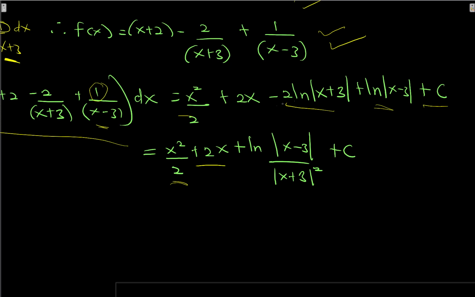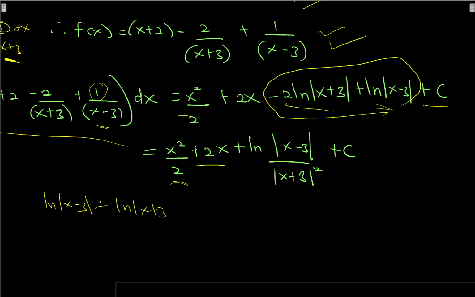And we can rewrite these two terms as the log of x minus 3 minus log of x plus 3 all squared, okay? And this is just like log of x minus 3 divided by x plus 3 all squared, and that's what we have here, plus an arbitrary constant.